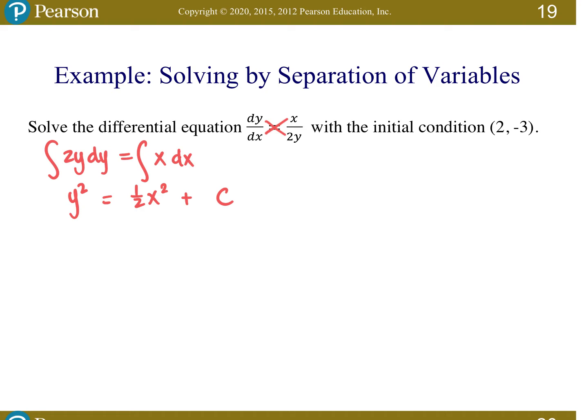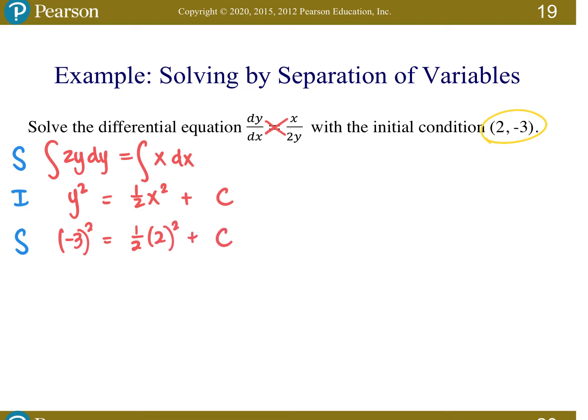Okay, so if we're keeping track, we have S, we have integrate, which is I, and now we're going to solve for C. And we're going to solve for C using this initial condition that's given, where values of 2 for X and -3 for Y. So we just do a substitution of those two values into the equation. So Y becomes -3, and X becomes 2.